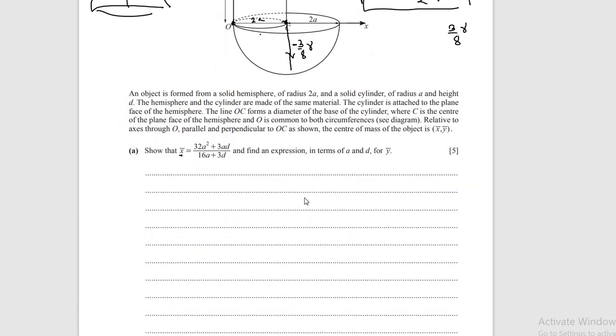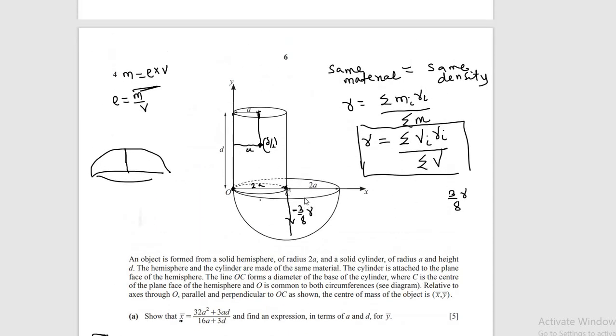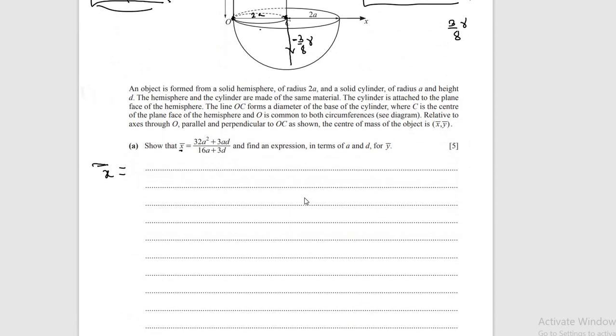So now, to find the horizontal center of mass, from the formula, summation of volume and the position of the center of mass over total volume.